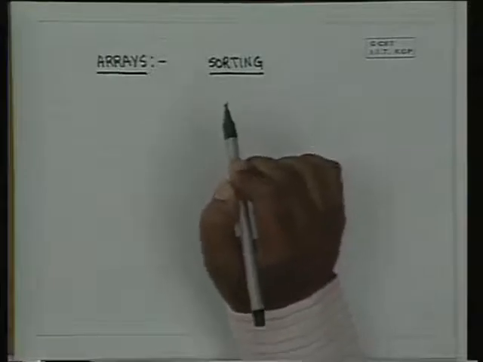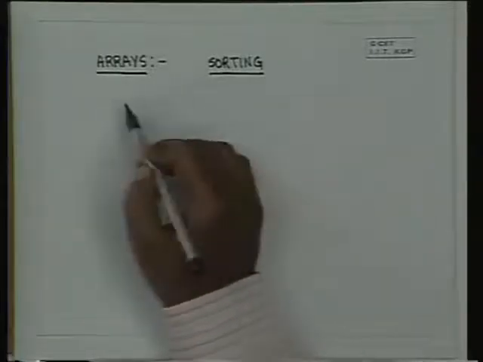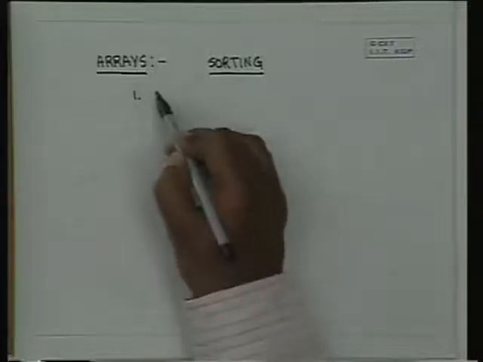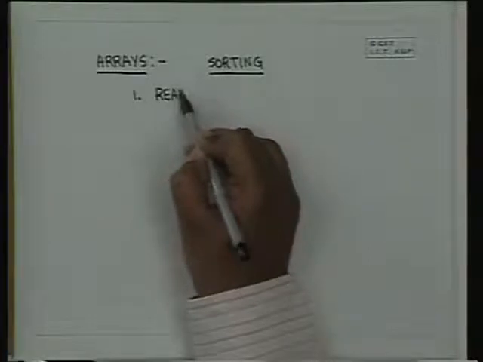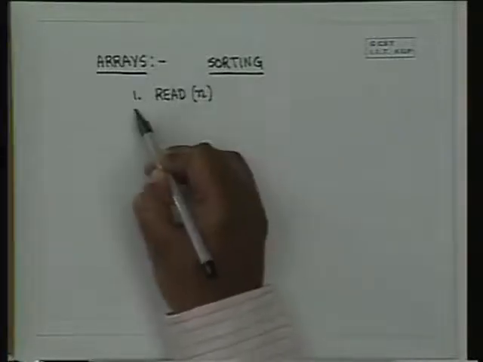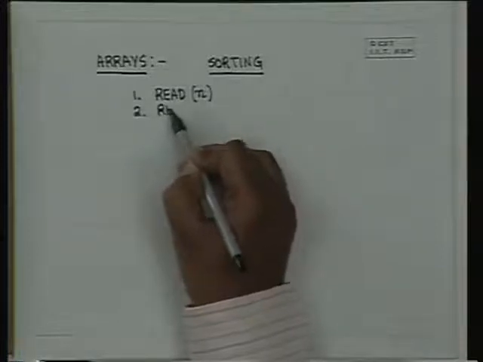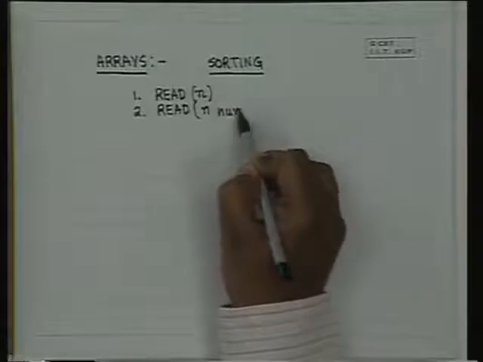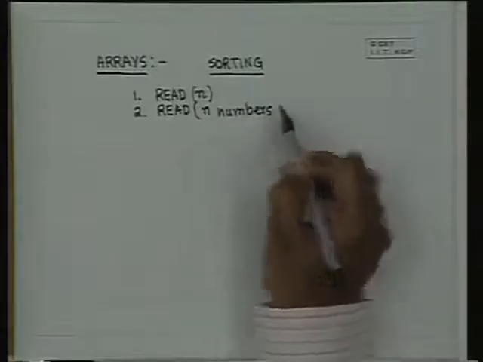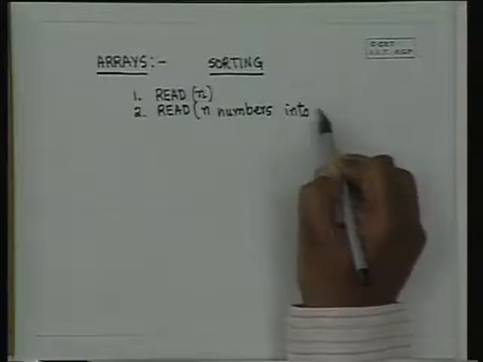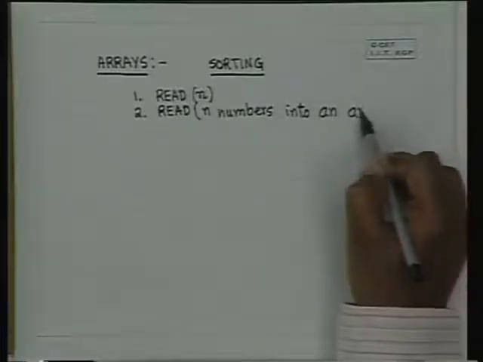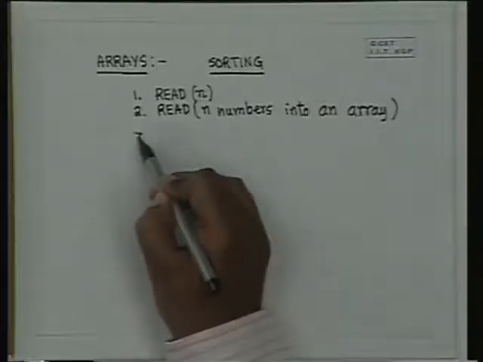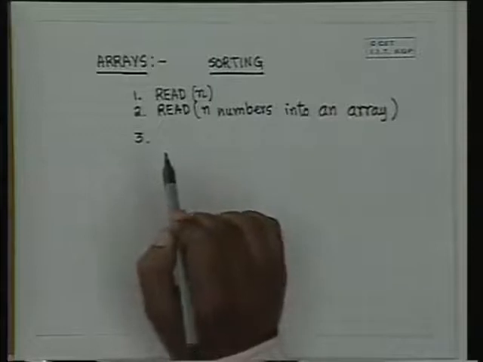All of us must have written this program before, and the basic algorithm which has been used is: read n, then read n numbers into an array, and then we use two loops to do the sorting.